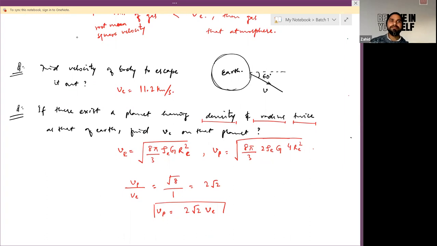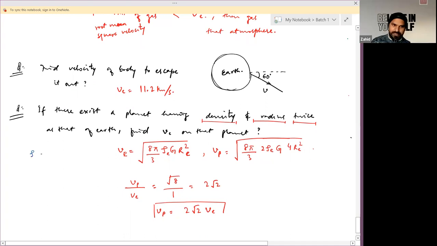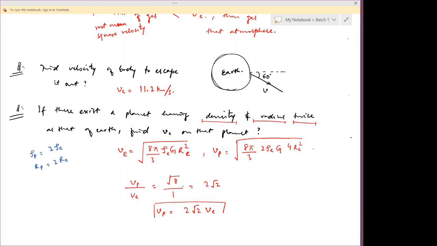Hamza, any doubt? No doubt, sir. Let's say we have density of the planet as twice the density of Earth, and radius of the planet twice that of Earth. So I've just put the value of density as 2 times rho and radius as 2 times r. On solving, you will get this relation. Khalid, is it clear? Yes, sir. Okay.